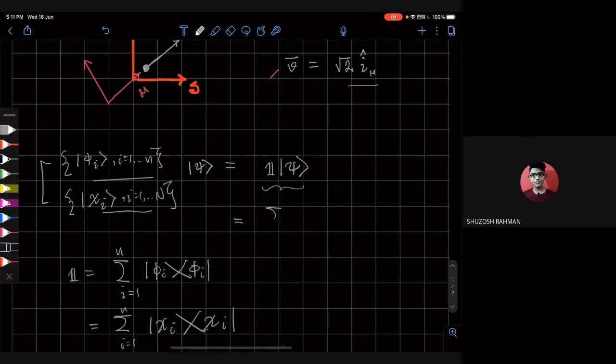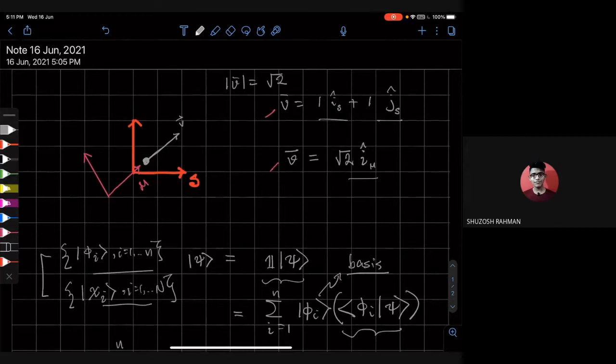If I'm expanding it in Shujosh's basis, then I get phi i, and there are these numbers, phi i psi. These are the basis vectors, and these are the coefficients, like the coefficient here and the coefficient here.